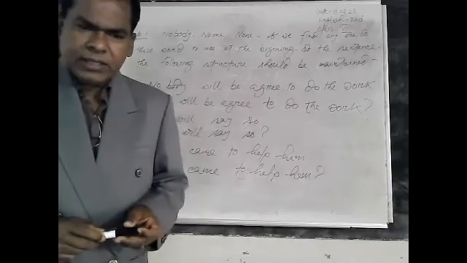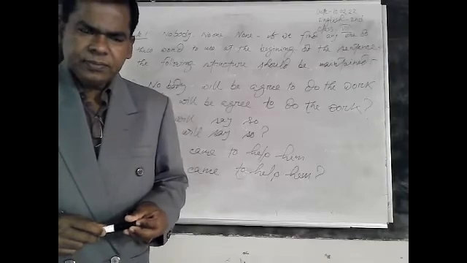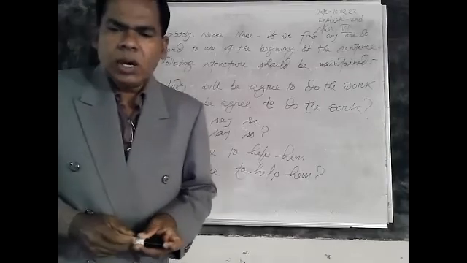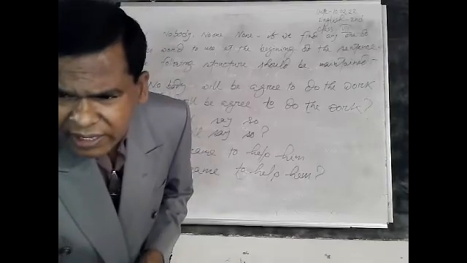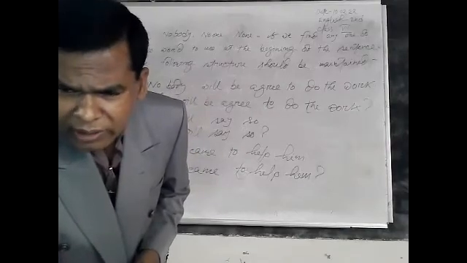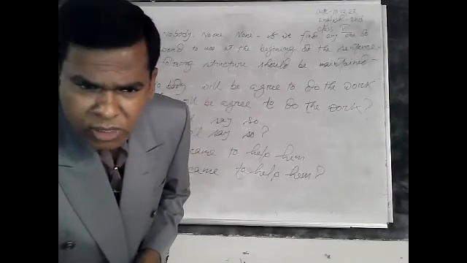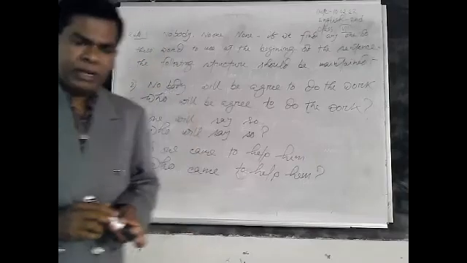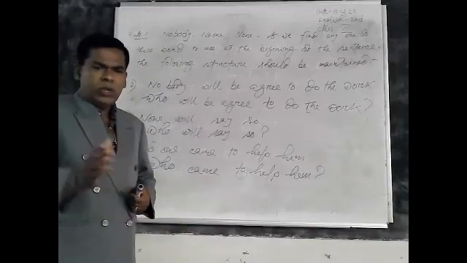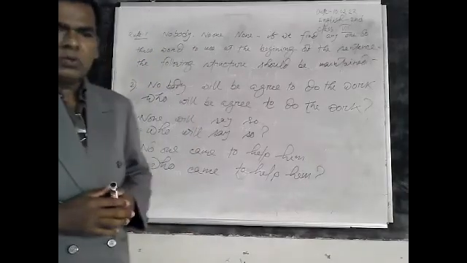Is it clear, boys? Yes, sir. So I can say that you all have understood rule number 1 regarding the interrogative sentence. Now we are going to the next rule, that means rule number 2.